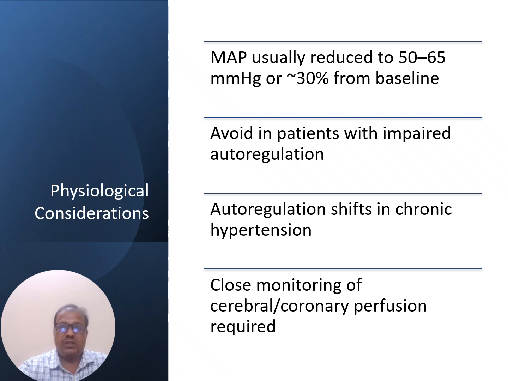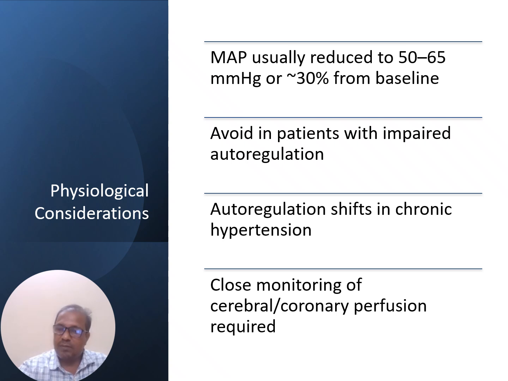In case of hypotensive anesthesia, our target is to reduce the mean arterial pressure by 50 to 60 millimeters of mercury, or 30% from the baseline. We will also consider the impaired autoregulation curve. Here we must avoid impairing the autoregulation curve.